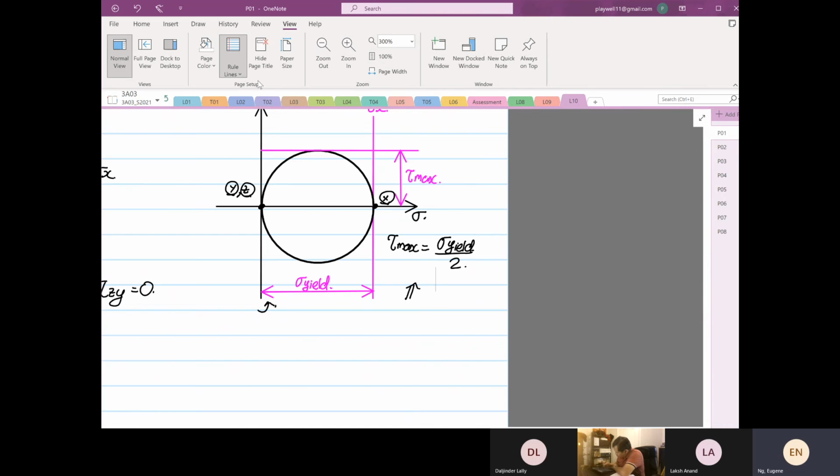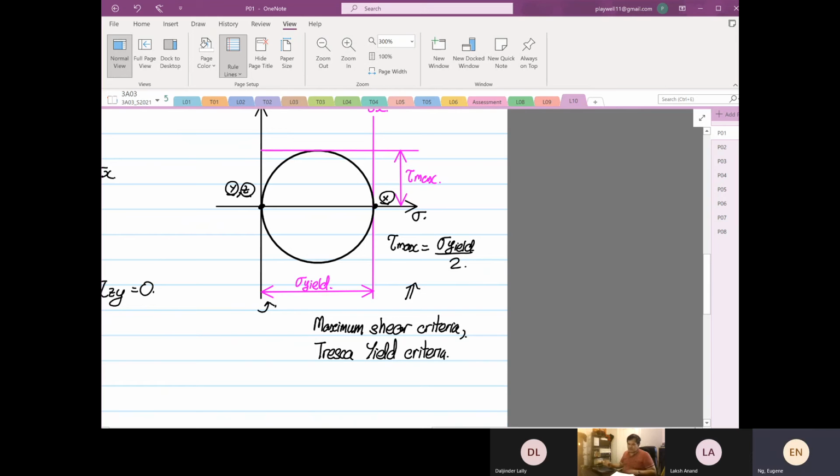This equation over here is known as the maximum shear criteria. It is also known as the Tresca yield criteria.